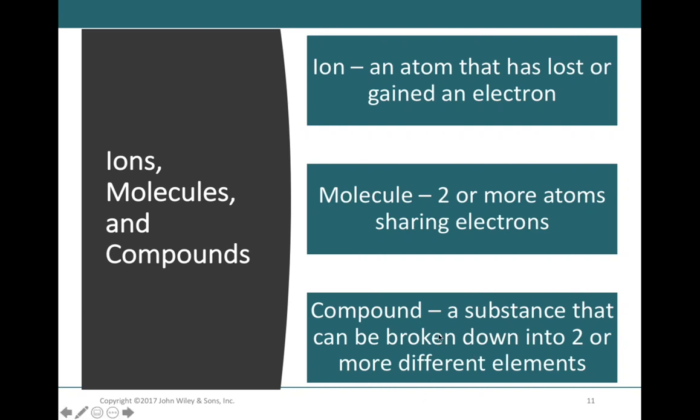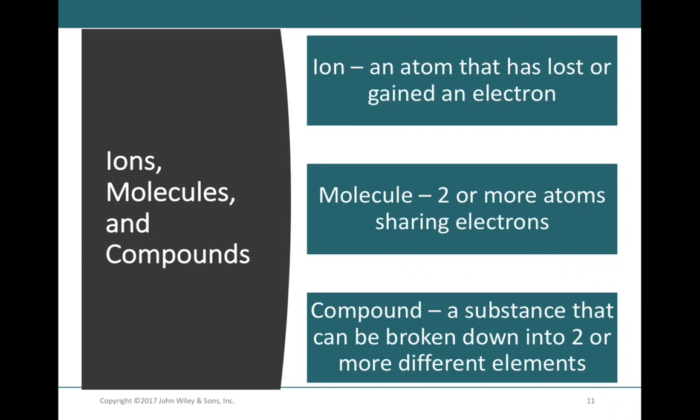A compound is a type of molecule. However, it's going to include more than one type of atom, or more than one type of element, I should say. A compound would be something like sodium chloride. Sodium chloride is also commonly known as table salt. So that delicious stuff that you put on your French fries is sodium chloride.